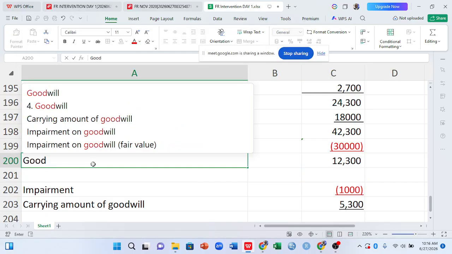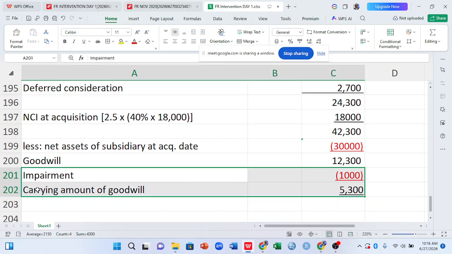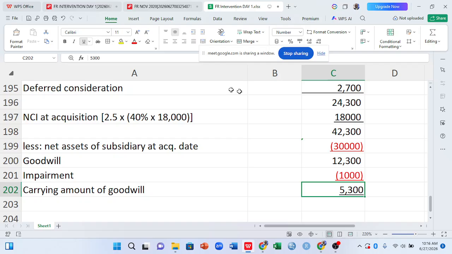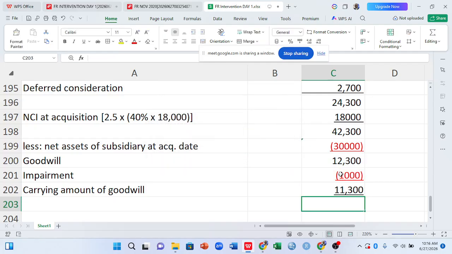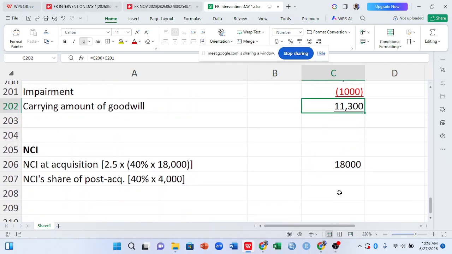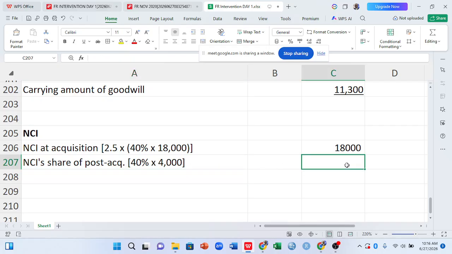So this is our goodwill on acquisition date. Then we less our impairment. So this should be the right figure, right? Yes, sir. Okay. Then let's come here. 40% of 4,000. What are you going to get?